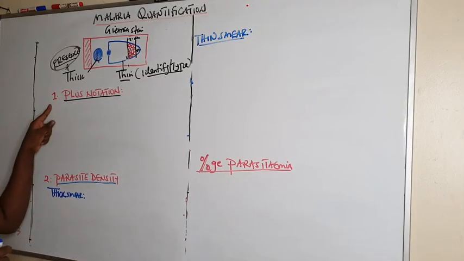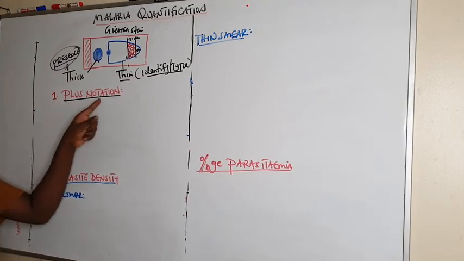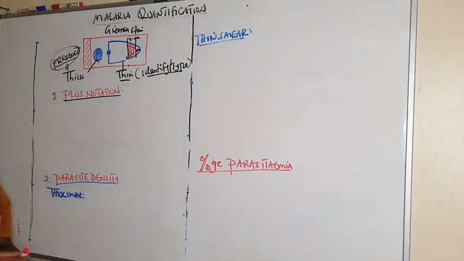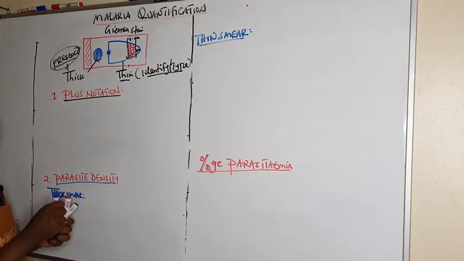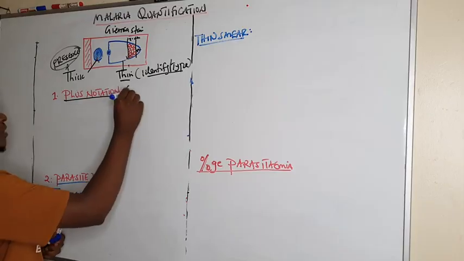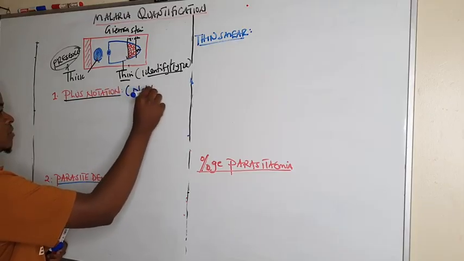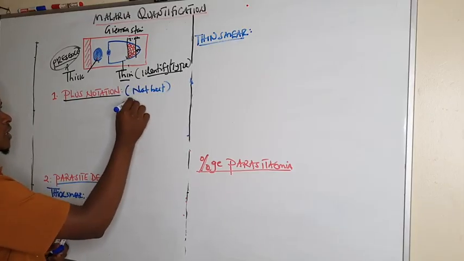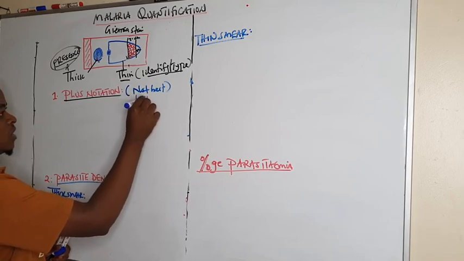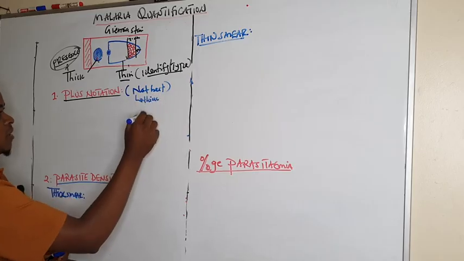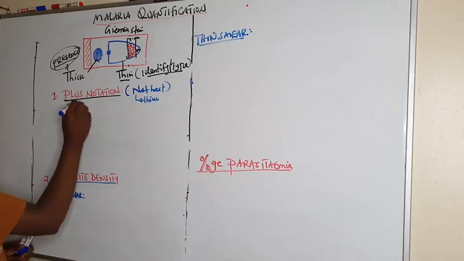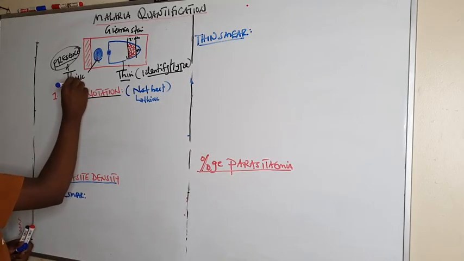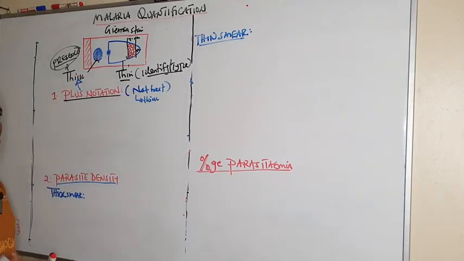The first method we are using is the plus notation. This plus notation is not the best method. Why? Because it depends on the thickness of the smear, and we use it on thick films, not thin.